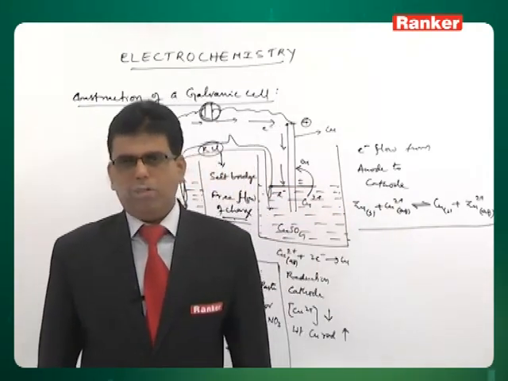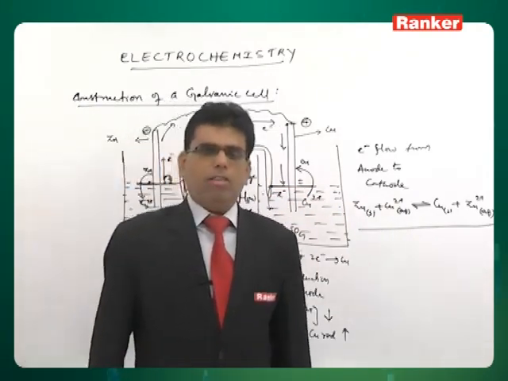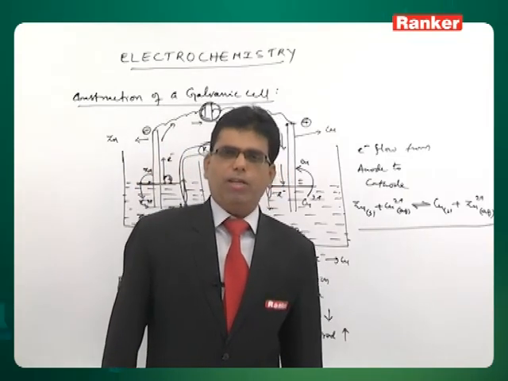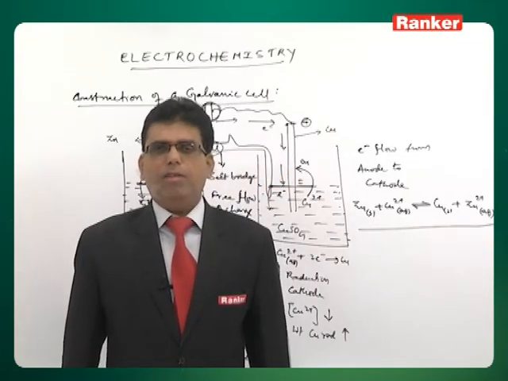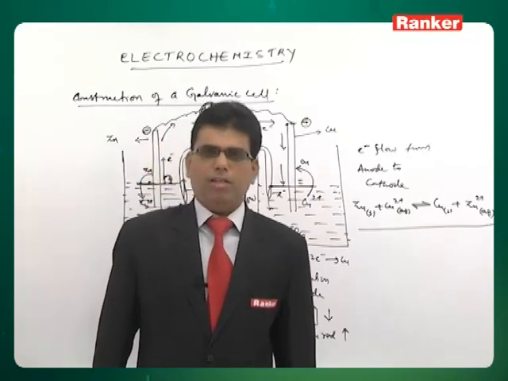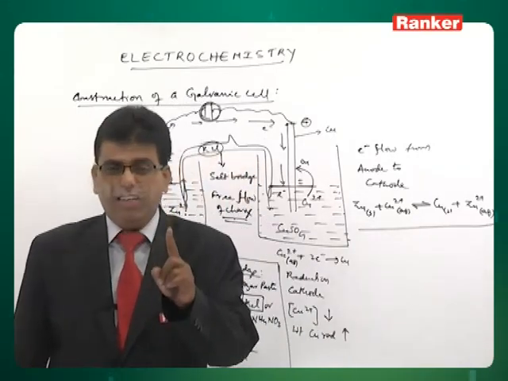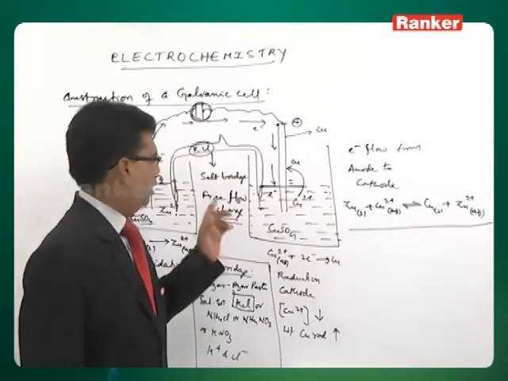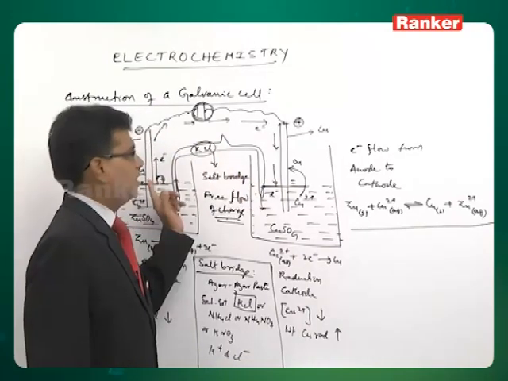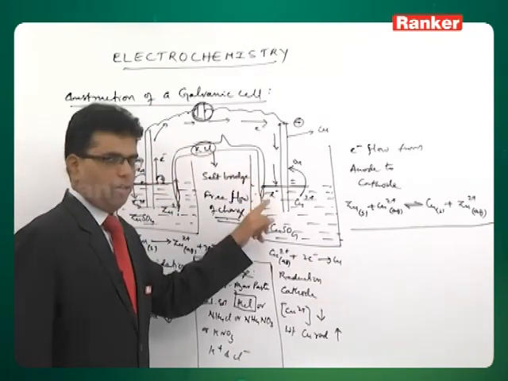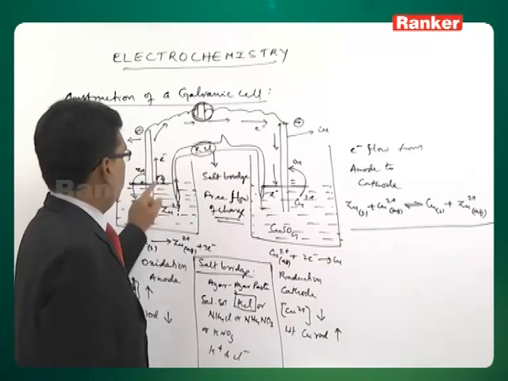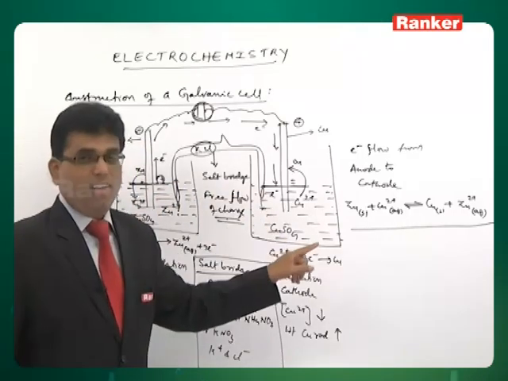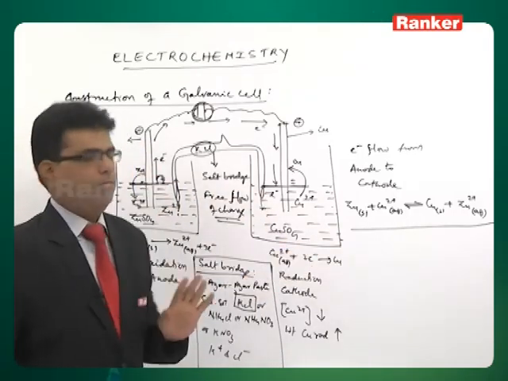But this salt bridge will not allow the transfer of ions from one half cell to the other. It allows transfer of only the charge, so that both the solutions will be maintained neutral.